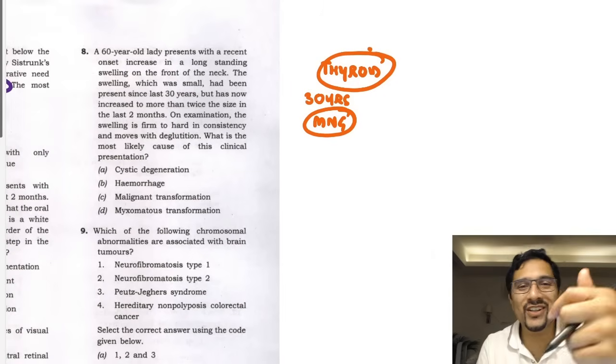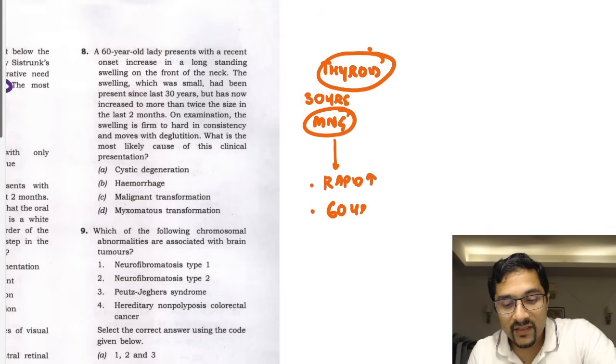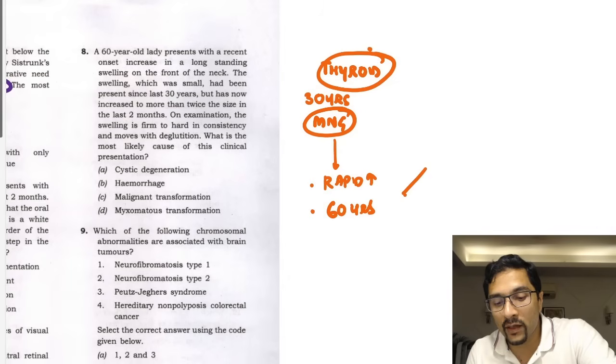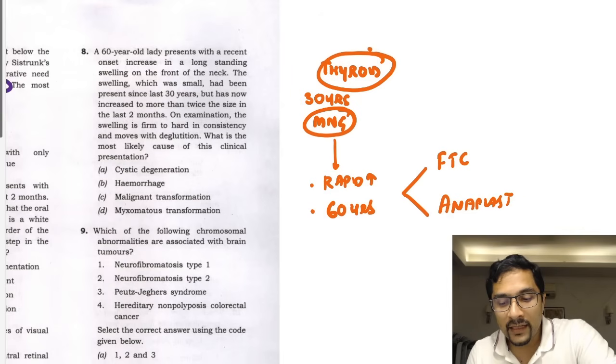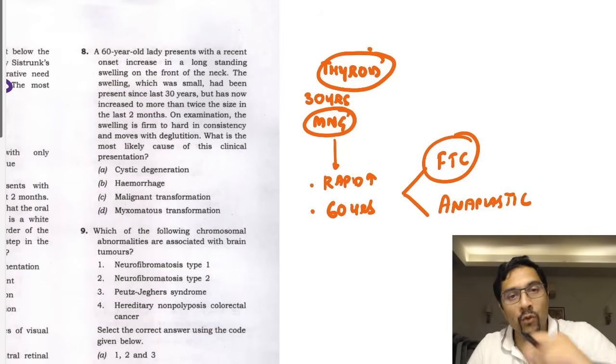MNG is multinodular goiter. Now, multinodular goiter with rapid increase in size. The patient is 60, and in 2 months it has doubled. What are the differentials which are going to come to your mind? Follicular thyroid cancer or anaplastic cancer, right? Between follicular and anaplastic, we know follicular is more common.